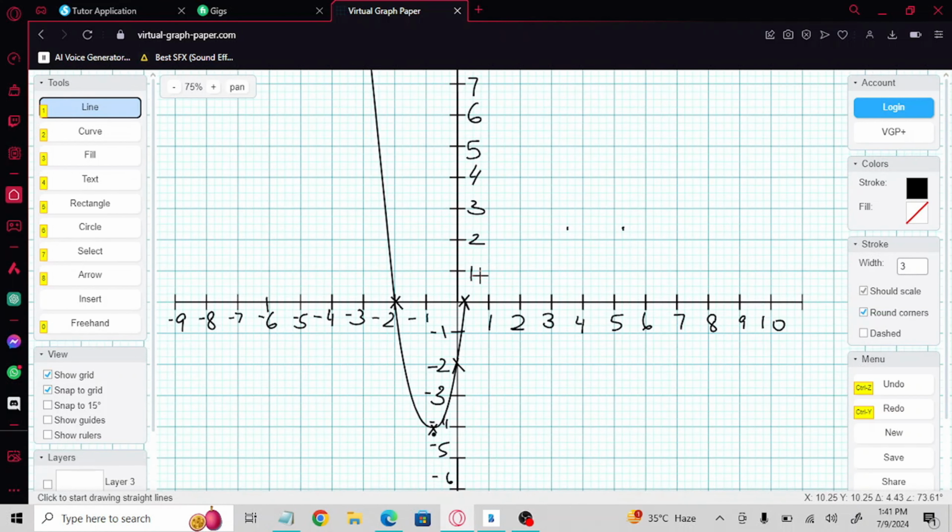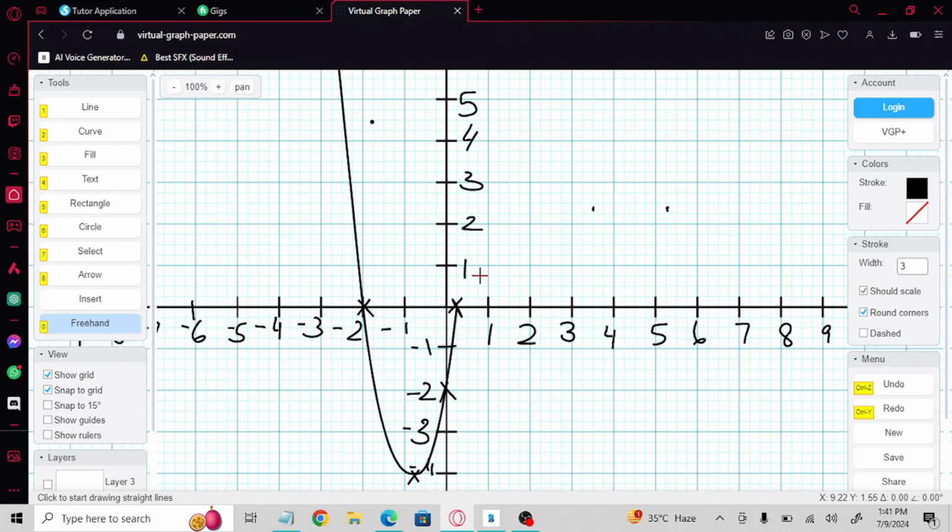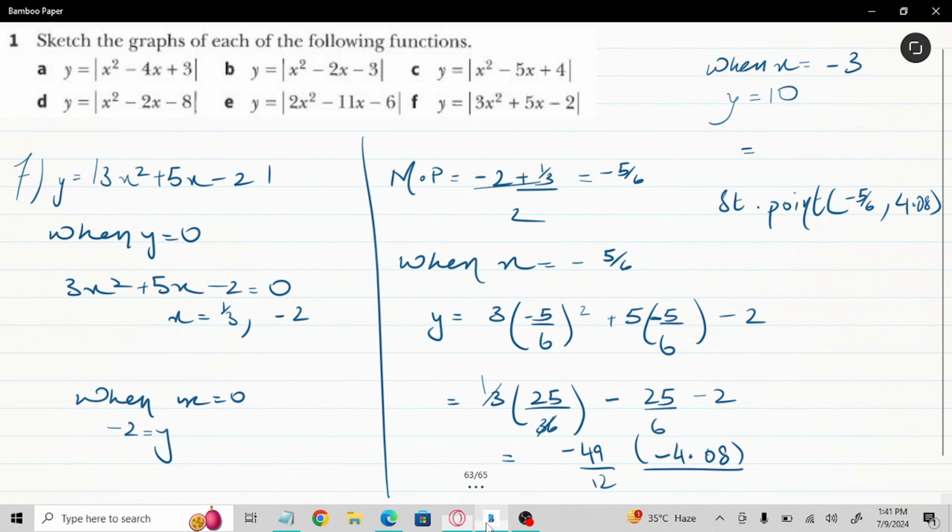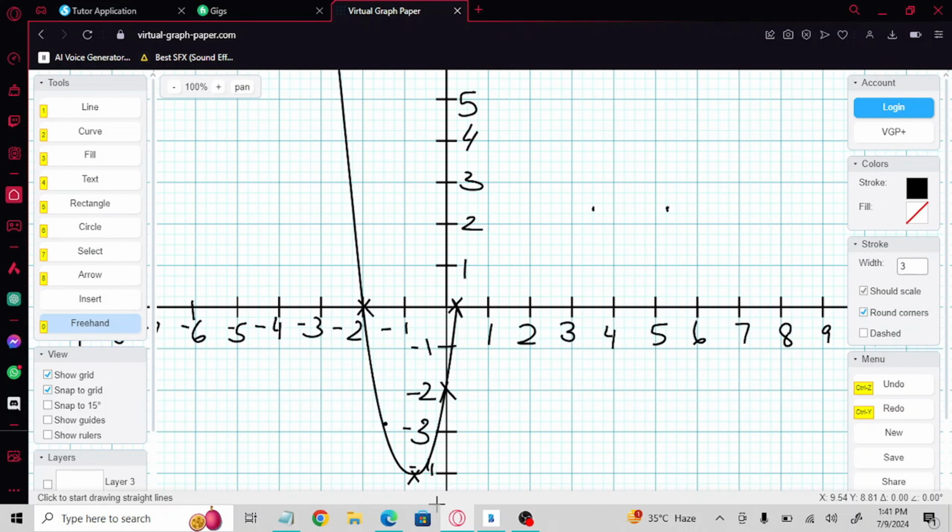What I'm going to do now is reflect this part of the graph above. So it's going to be somewhere, if I'm not wrong, 0.025. Let me just check the coordinate again. 4.08 and 0.8. It's going to be here, somewhere.